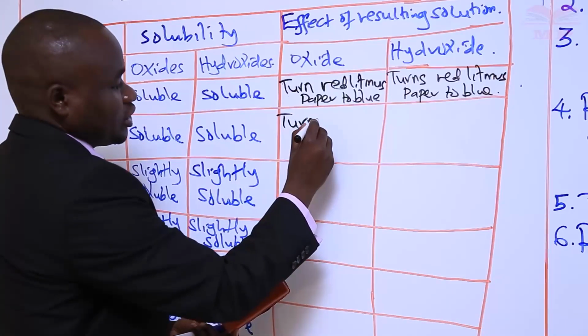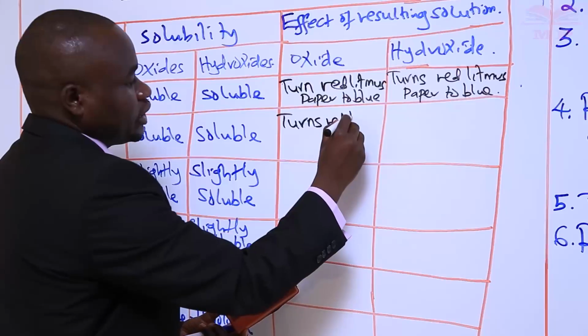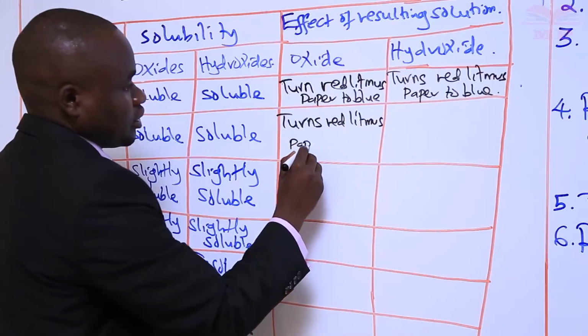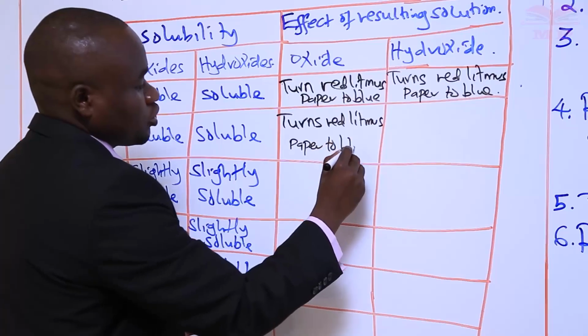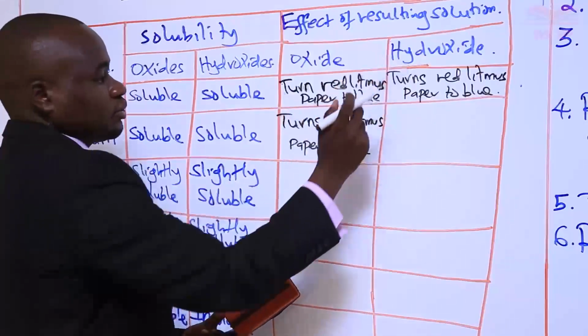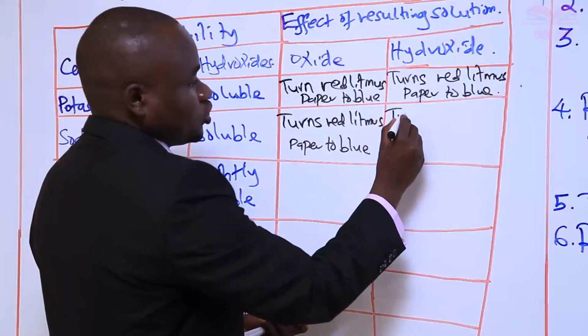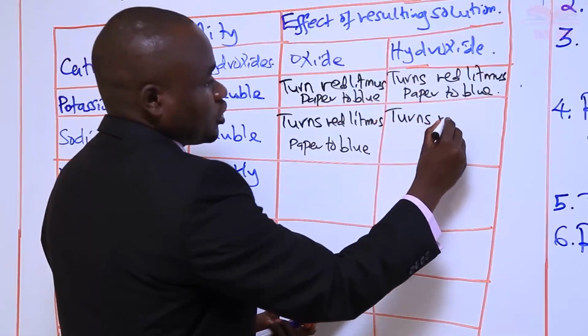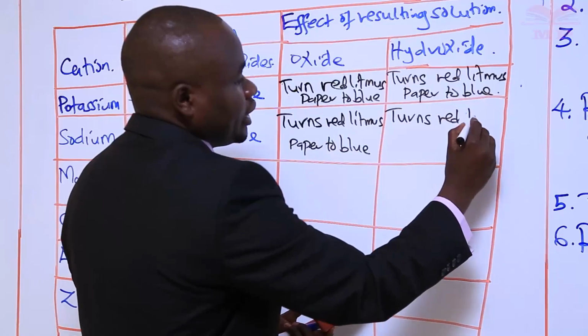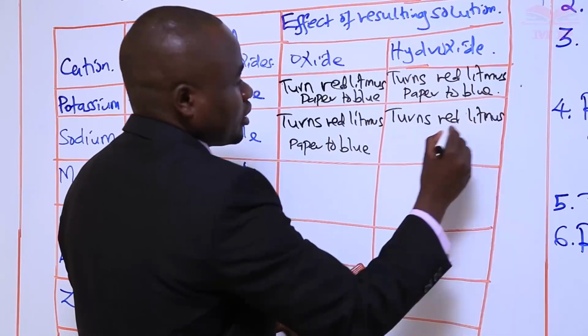So we are saying it turns red litmus paper to blue. The same applies to sodium hydroxide. The resulting solution will also turn red litmus paper to blue.